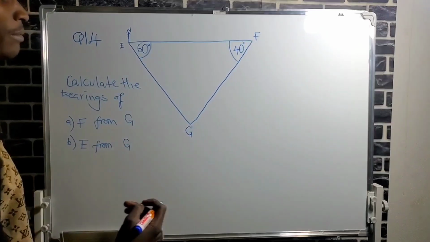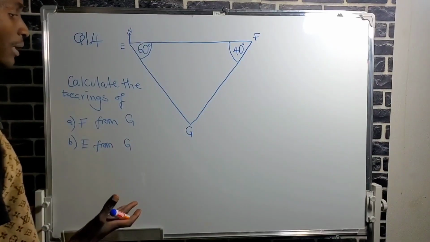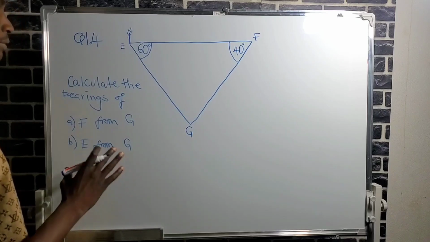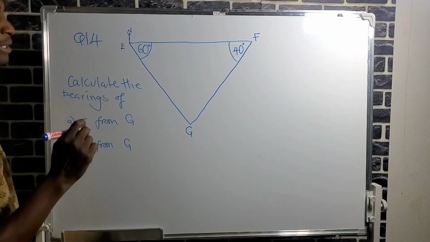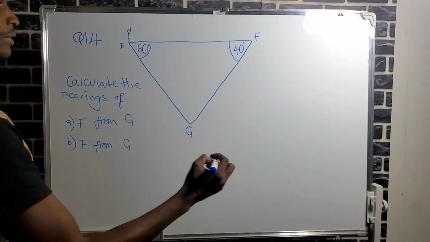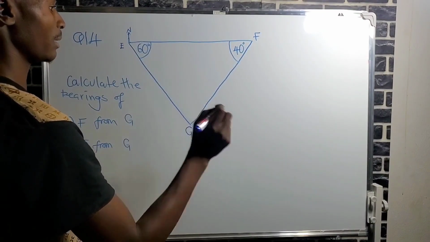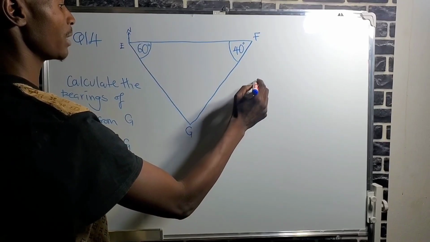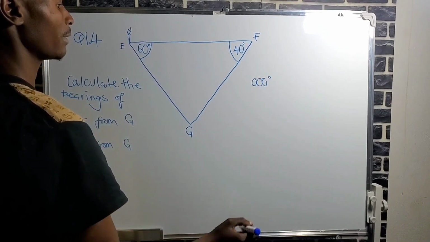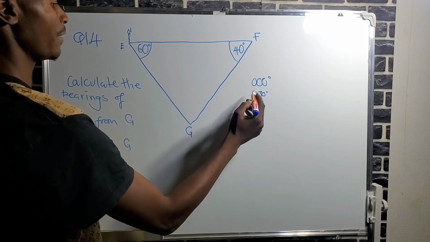Now, let me mention a few things. I can solve this question, but you may not understand what I've used to solve it. So let me show you a few things that you need to know when it comes to bearings. Number one is that bearings are written in 3 digits. So if you find 30 degrees, it will be 030.